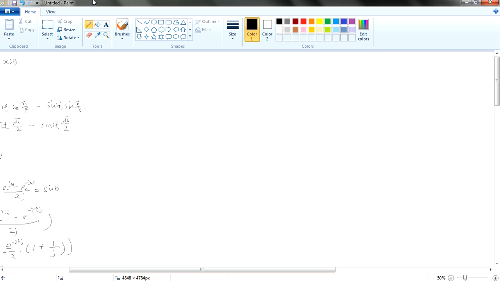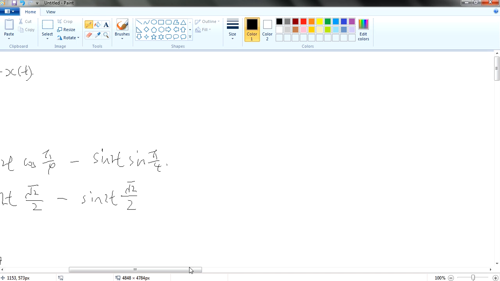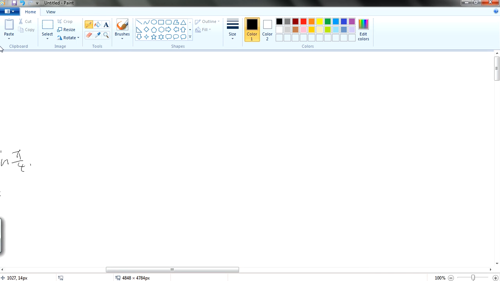Question 1c. Yeah, so zoom in more. Okay. So we have x(t) equals sine squared t, which is a double angle, so we use the double angle formula.